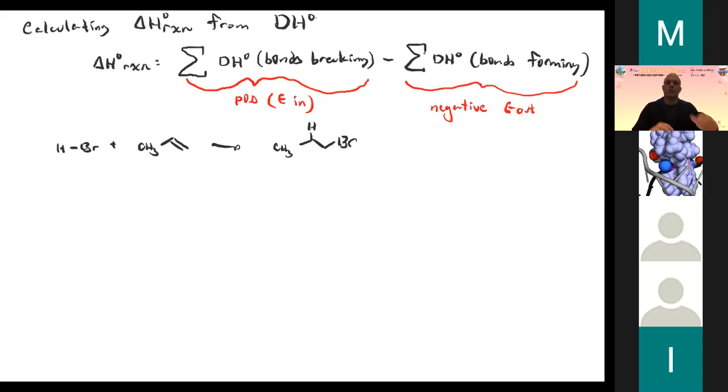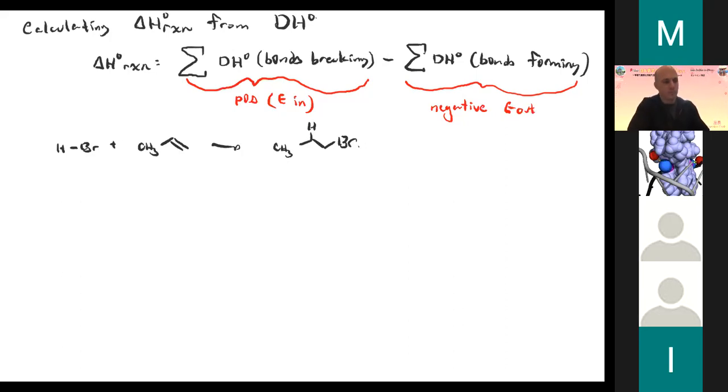We don't bring the initiator into this calculation, and we don't need to worry about termination. We just want to look at the reagents, the alkene plus the HBr, and ask if the change in enthalpy for addition of HBr to the alkene is positive or negative.